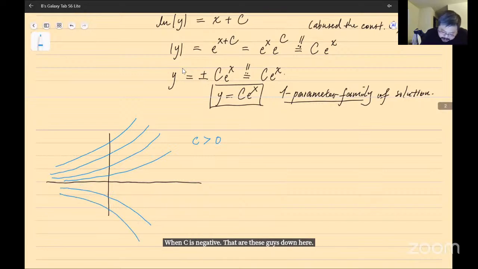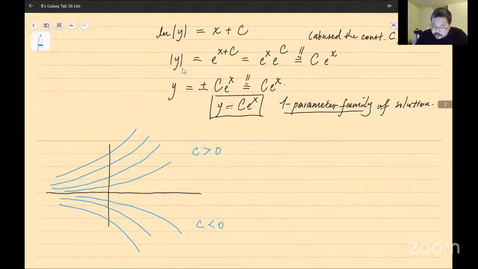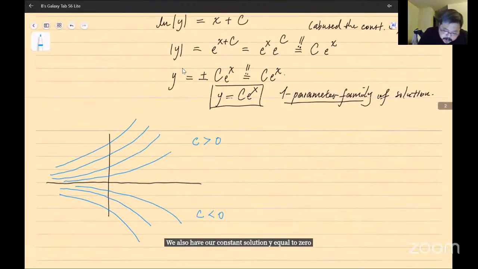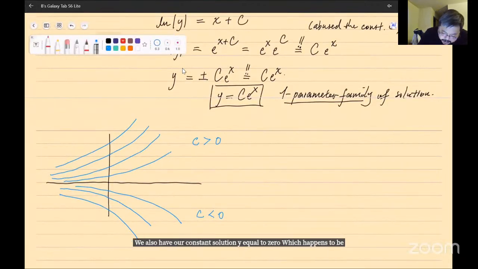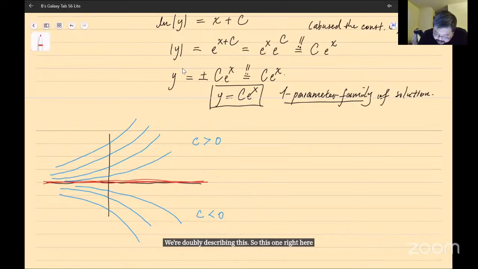It's still exponential, but it's just being flipped across the x-axis. We also have our constant solution, y equal to 0, which happens to be the C equal to 0 solution, and that's fine. We've got them both. We're doubly describing this. So this one right here, this is the C equal to 0, this equilibrium solution.